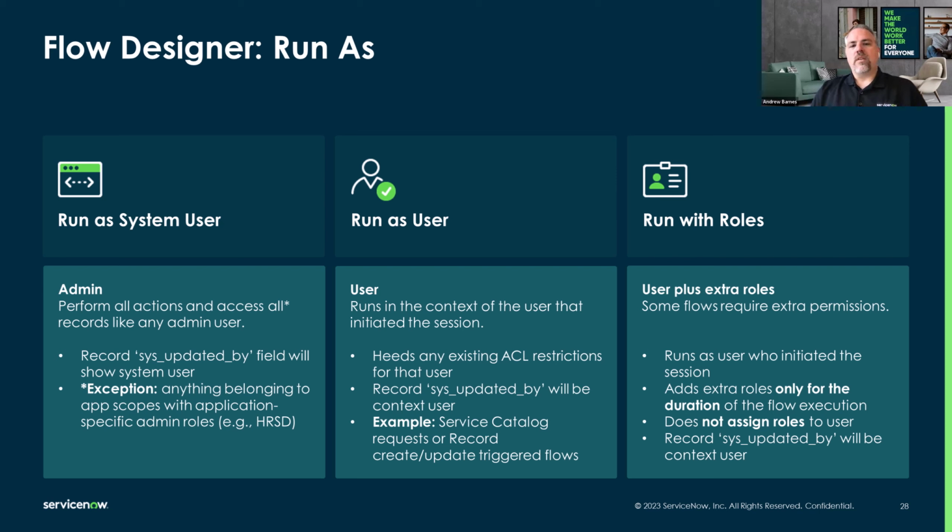Run as user. So this is the ability to run as the user that invokes the trigger for the flow. So if you have an insert or created trigger, then the flow will run as that user that invoked the trigger. And when would this be useful?